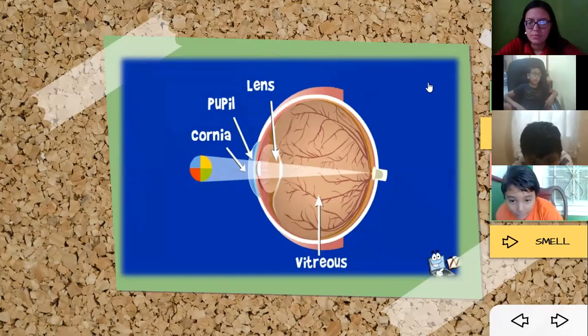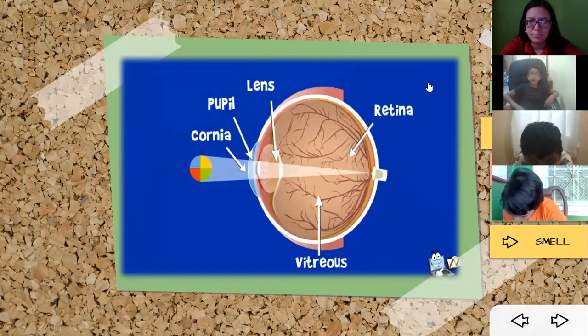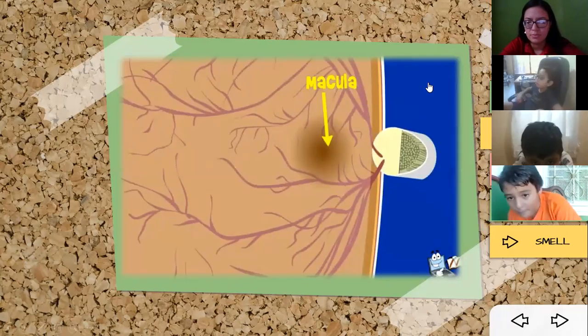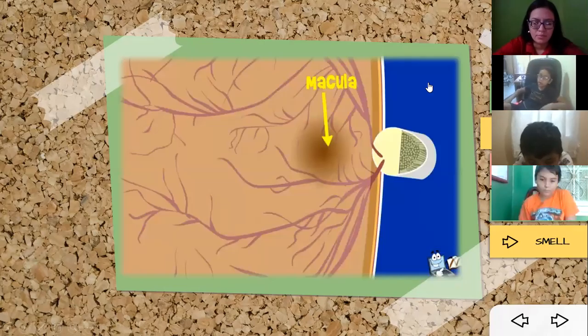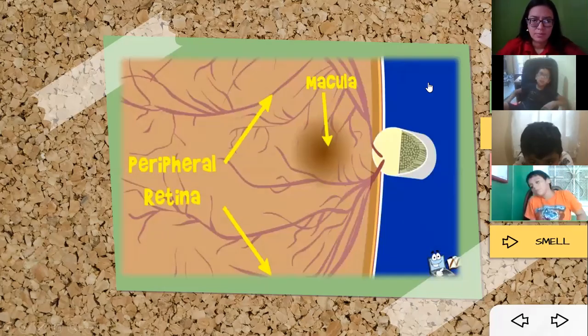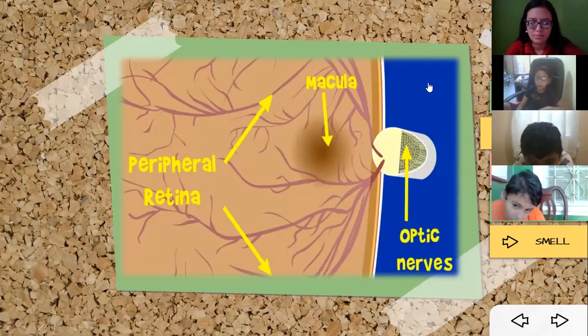These rays are focused on the retina. In the center of the retina, there is the macula that provides us fine vision. The area of retina that surrounds the macula gives us our side vision or peripheral vision. The retina converts the rays into signals that are sent through the optic nerves to the brain. Thus, we are able to see everything around us.